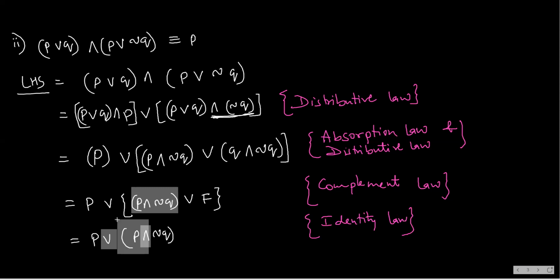Further, inside the bracket, out of the two statements, one is repeated. We have P and negation Q, and here we have P. So P or P and negation Q is simply P. This is the absorption law.